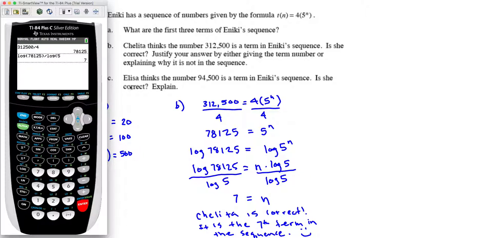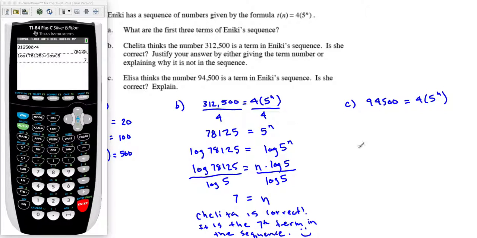Last one. Elissa thinks the number 94,500 is a term in Aniki's sequence. Is she correct? Explain. Okay, so we could end up doing the same thing. We could say letter C, 94,500 equals 4 times 5 to the power of n.